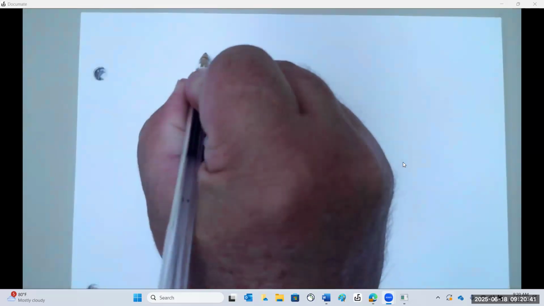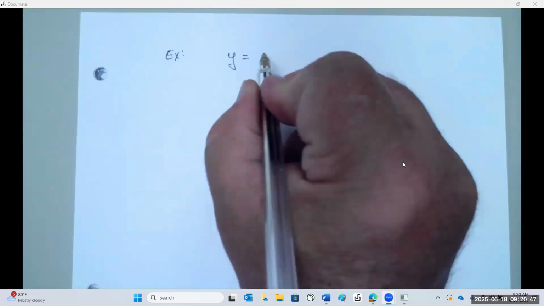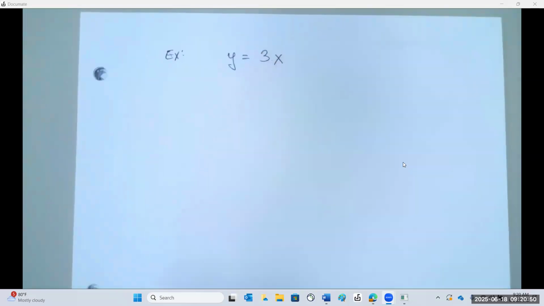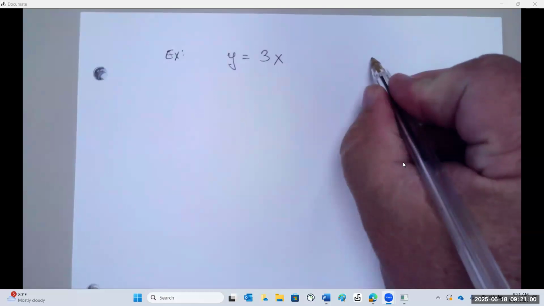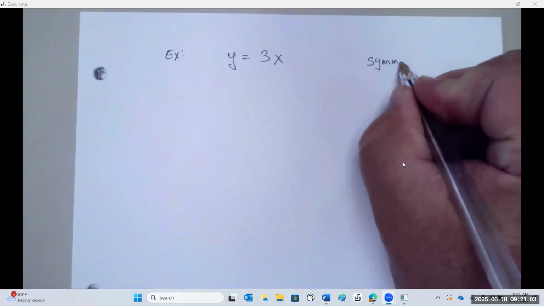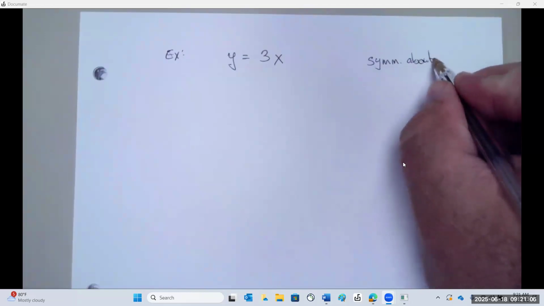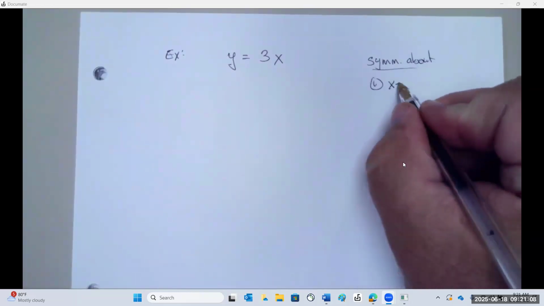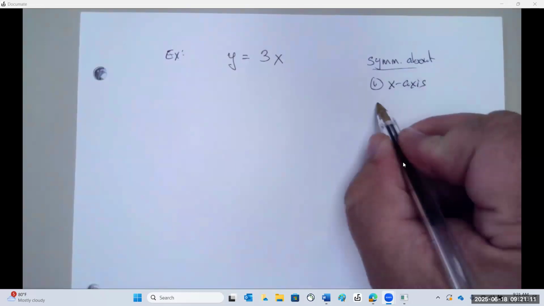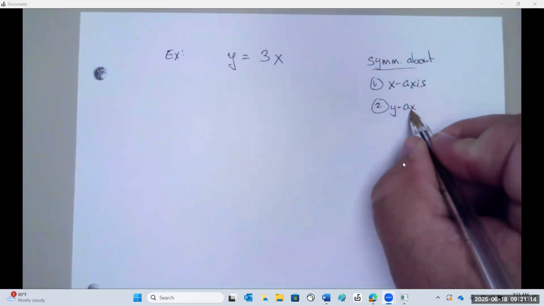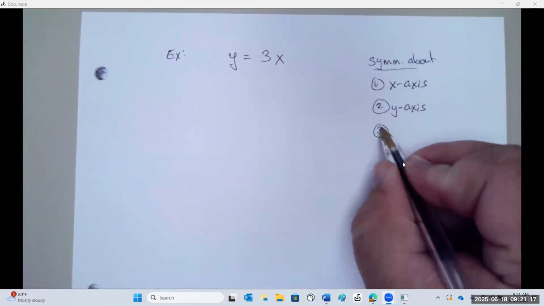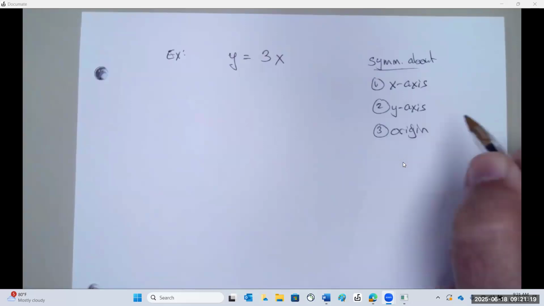In other words, if I give you this equation, let's test for symmetry about x-axis, y-axis, origin.